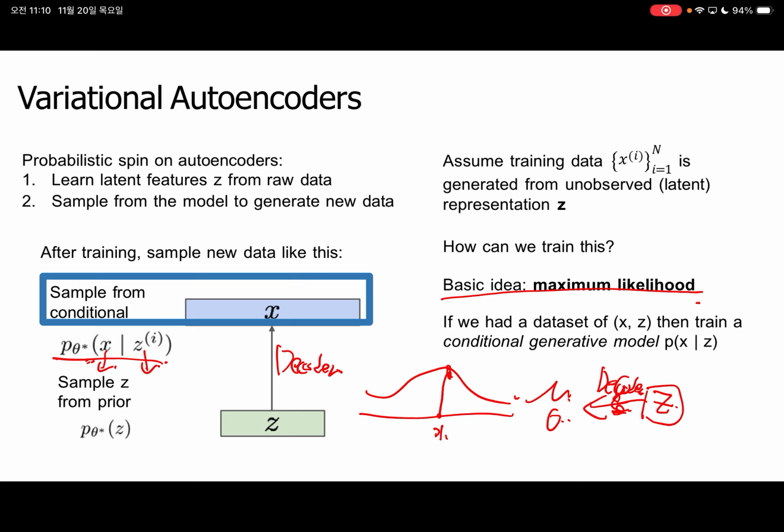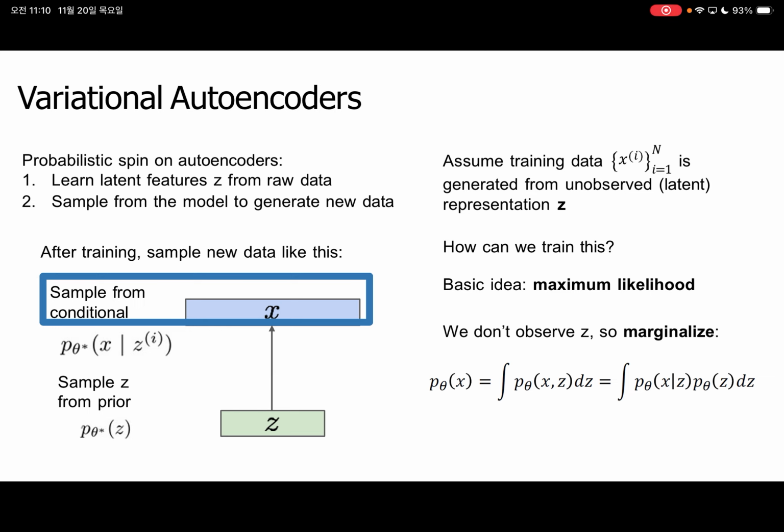So when Z is passed to the decoder, the probability of the output distribution at the point X should be highest, right? That is our goal. In one word, that is maximum likelihood: given latent feature Z, we would like to maximize the likelihood at the point of X. That is the goal of training the decoder.